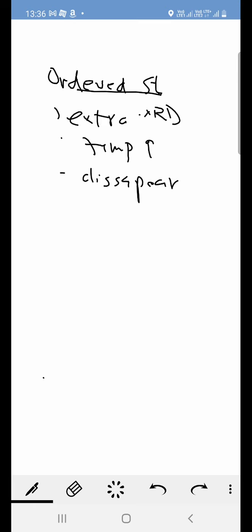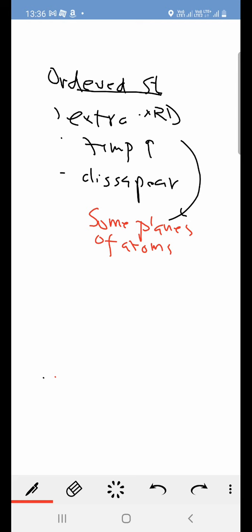And these extra lines are due to some planes of atoms and may have different scattering powers.